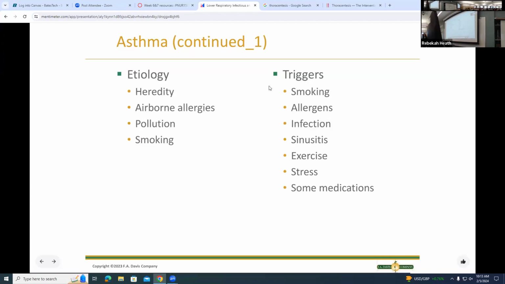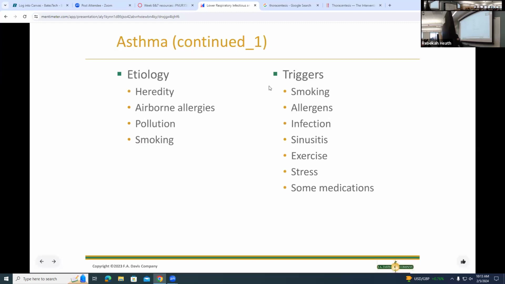There can be a lot of triggers to asthma. Usually when people have asthma, there are certain things that are going to trigger them or cause them to have asthma attacks. That could be if they're exposed to something like smoking or different scents. If they get sick, like I got sick and my asthma was really irritated, which probably helped me in developing my pneumonia.